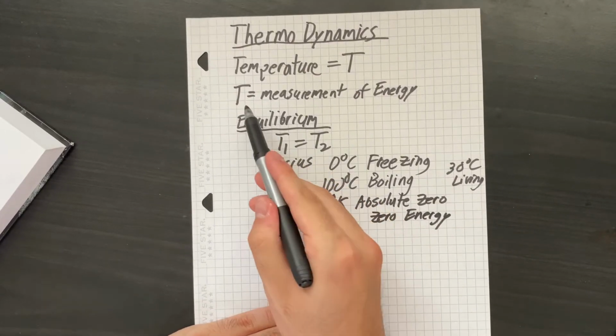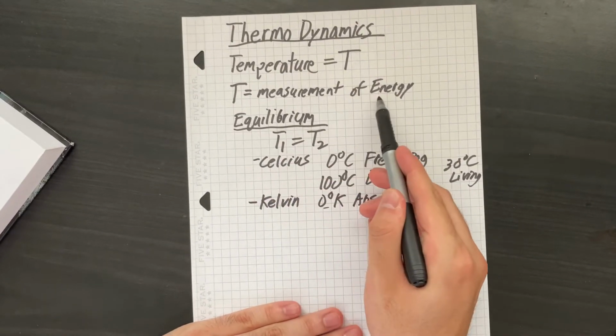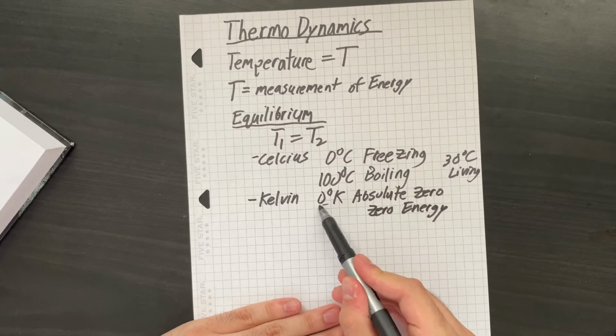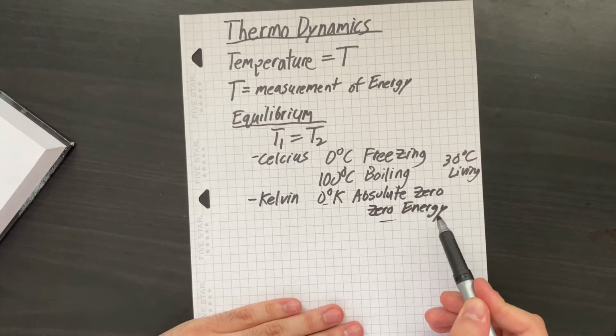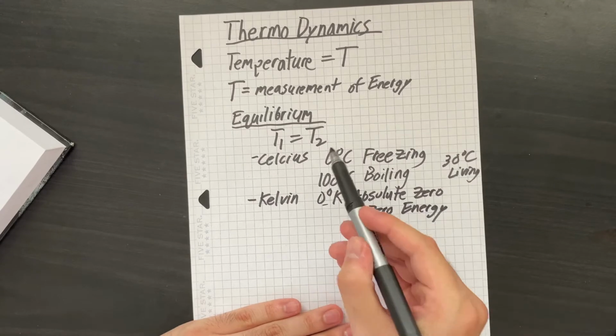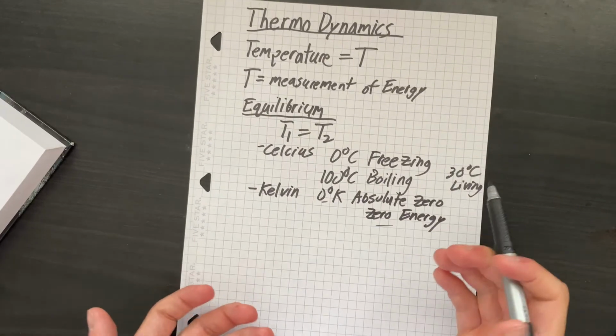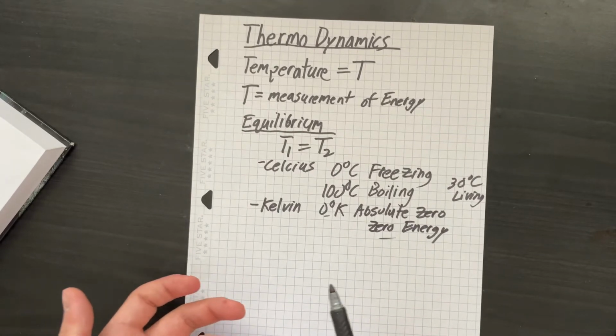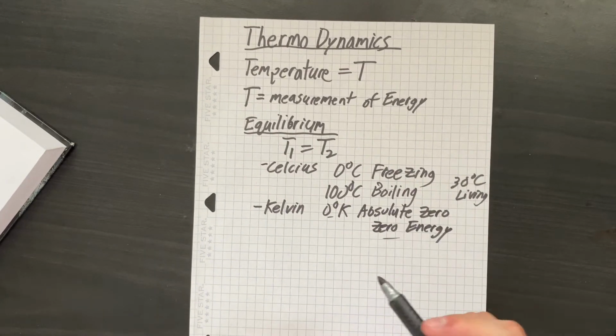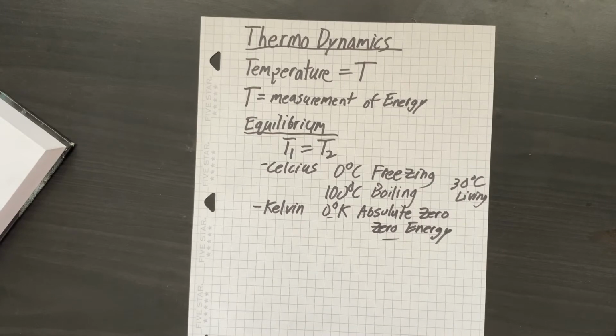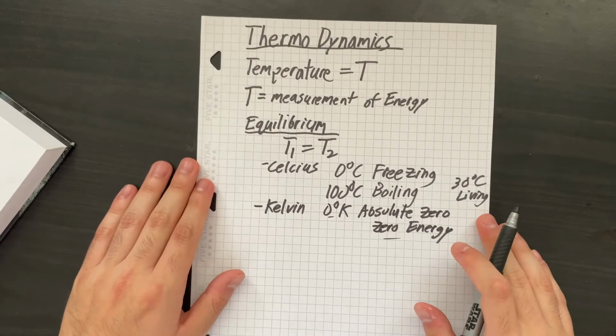So like we said before, temperature is a measurement of energy, and absolute 0 is 0 energy at all. Whereas in Celsius, 0 degrees Celsius is the freezing point, but there's still energy inside of the ice. Here, there's no energy at all. It's completely heat death of the universe, basically.